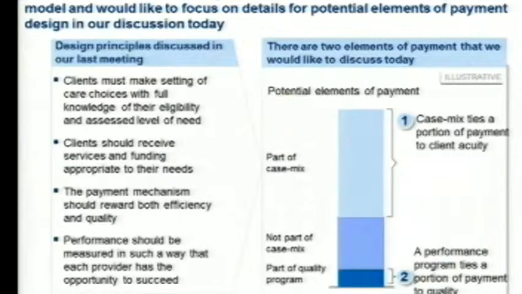So just to fix in your mind as we walk through this process, when we refer to case mix, again, this may vary depending on the type of provider, but in particular for institutional providers, not all of the payment will relate to the mixture of need of your clients. There'll be at least a significant minority of that payment that does not.